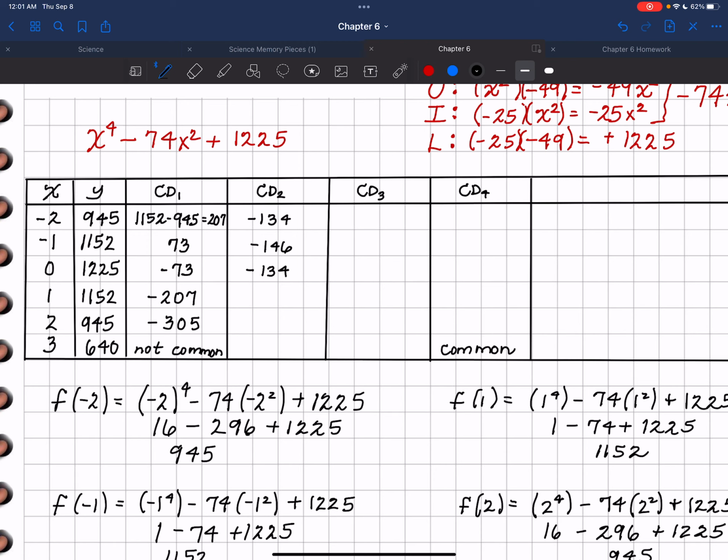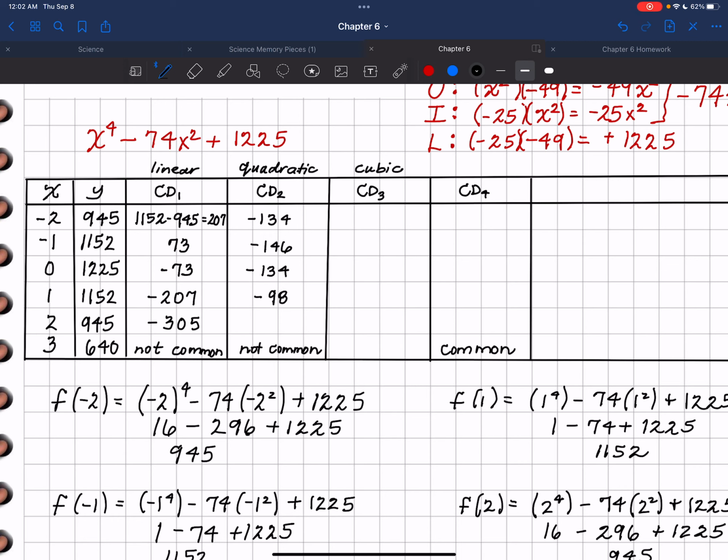Negative 305 minus negative 207 is negative 98. So it is not common at this level. It's not quadratic. This is the linear column. This is quadratic. The next one is called cubic. So let's see if it's cubic.